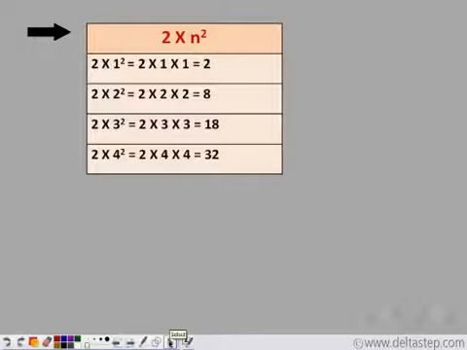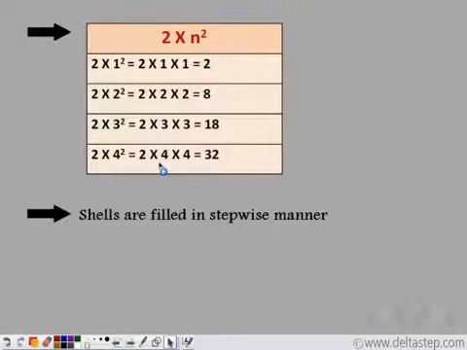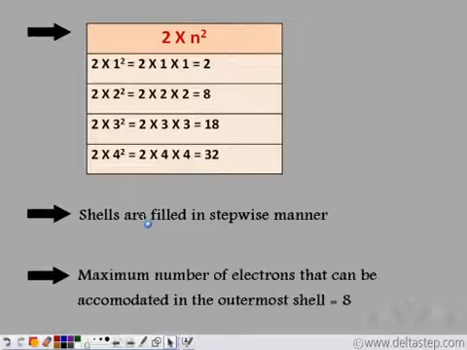That is, the first shell can have a maximum of 2 electrons, the second shell a maximum of 8 electrons, and so on. The second rule says that the shells are filled in a stepwise manner. That is, the electrons first occupy the K shell, then the L shell, and so on. The third rule says that the maximum number of electrons that can be accommodated in the outermost shell is 8. So the outermost shell cannot have more than 8 electrons.